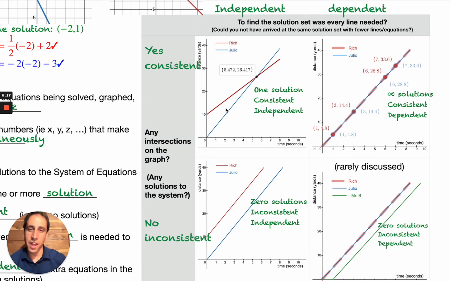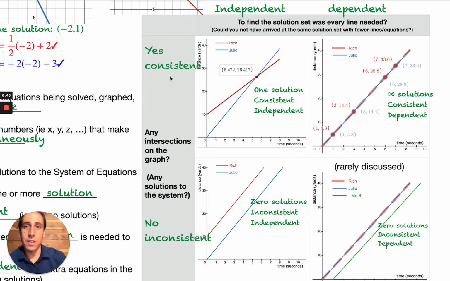It's like a 40-yard dash, and we're going to see who can get to the 40-yard line first. And this is time down here. So as you can see what happens here, Julio is faster, has a steeper slope, and Rich is slower but gets a 10-meter head start, or 10-yard head start. And eventually, right here, they're at the same place, and then Julio surpasses Rich and wins.